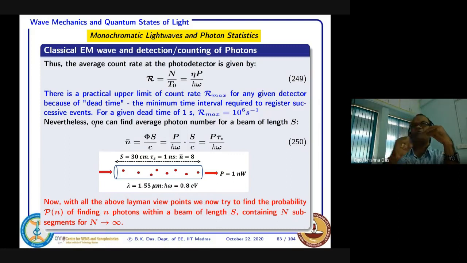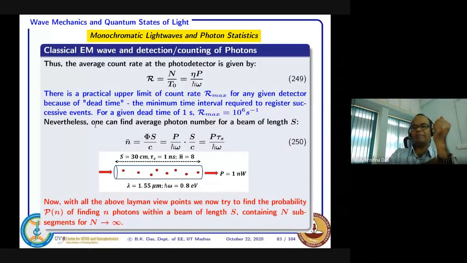It means the minimum time interval required to register successive events. Suppose I am counting one photon and then another photon comes very fast, within a short interval of time, but that small time interval cannot be resolved by your measurement system or photodetector.